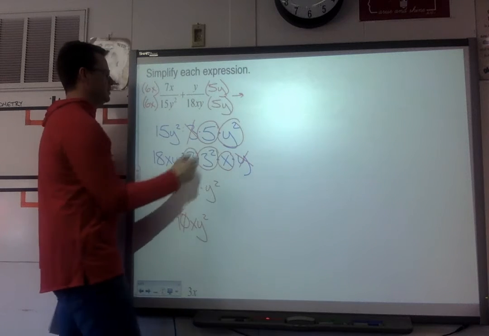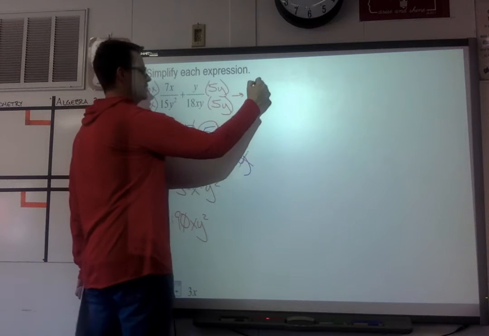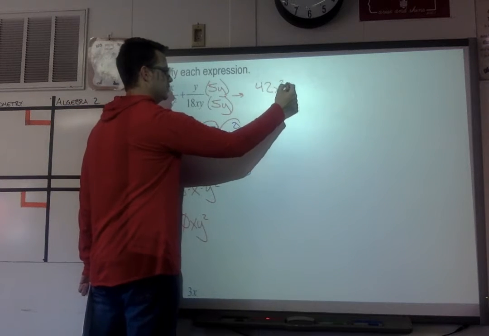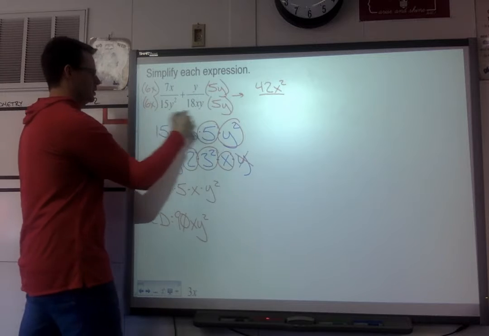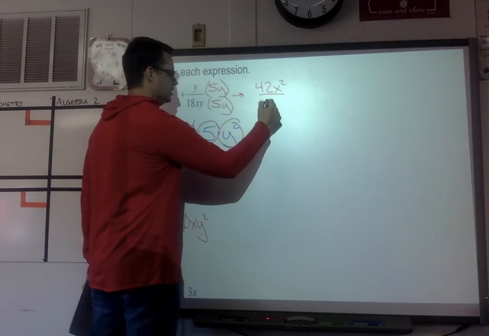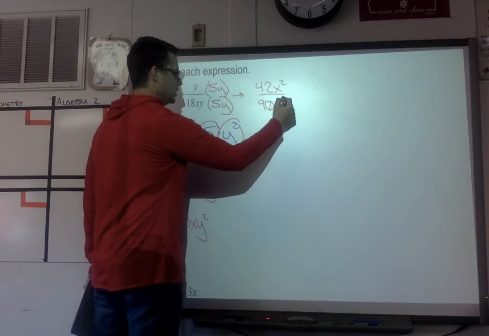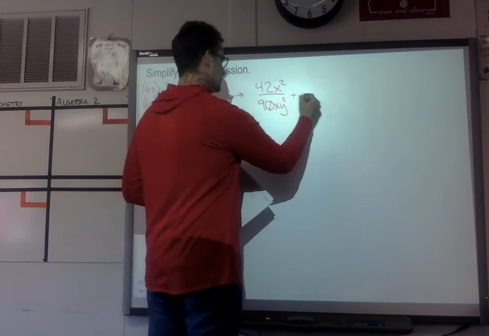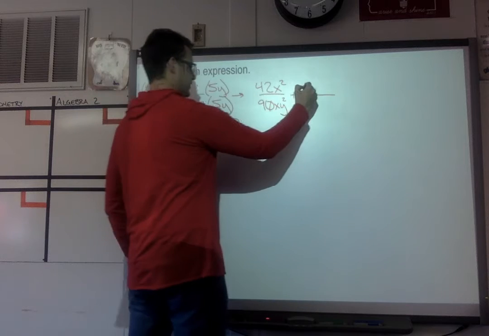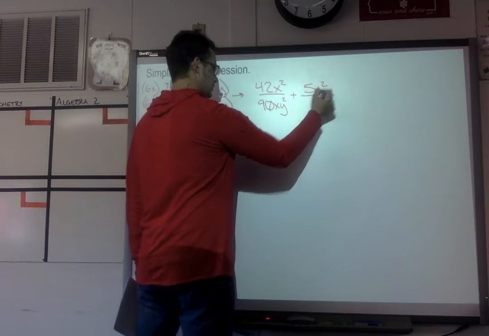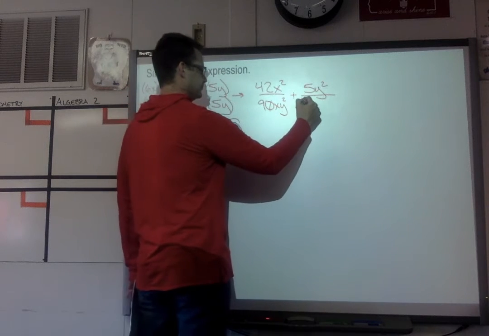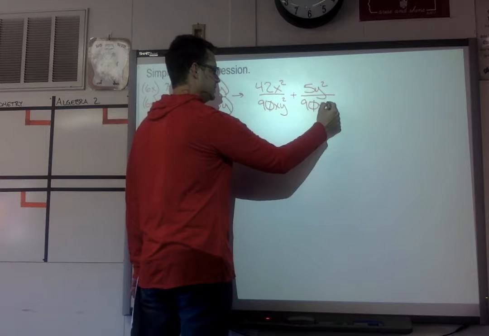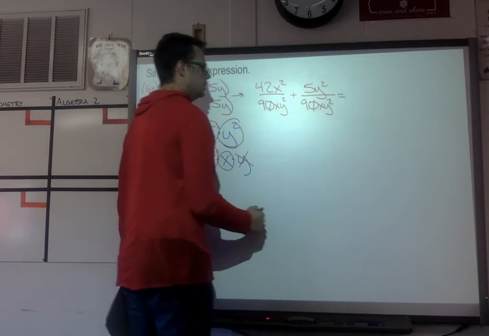So this will now become 6x times 7x, which gives us 42x squared. Then we've got our common denominator of 90xy squared plus y times 5y, which gives me 5y squared over 90xy squared.